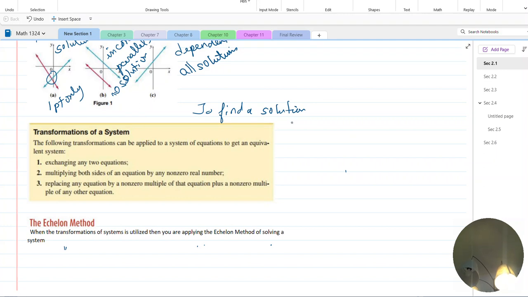In other words, we manipulate by multiplication, then subtraction, to isolate one variable.